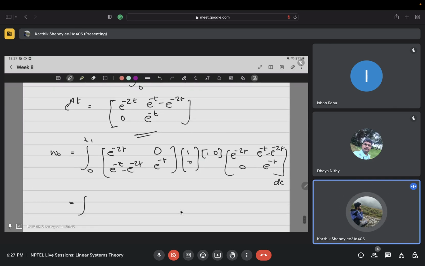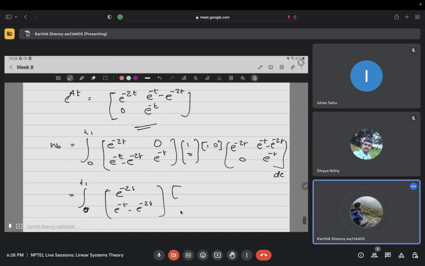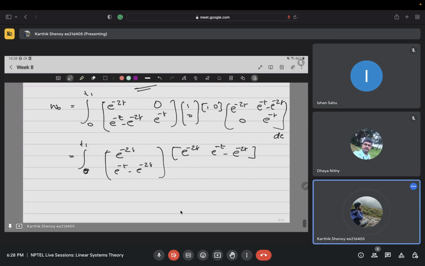So this is equal to the integral from 0 to t1 of e raised to minus 2t and e raised to minus t minus e raised to minus 2t, and the same will come here also.